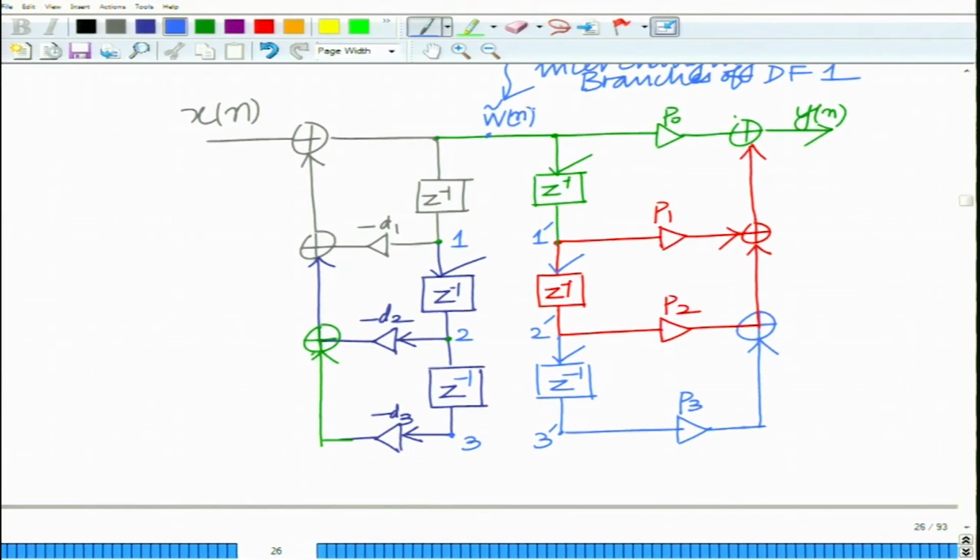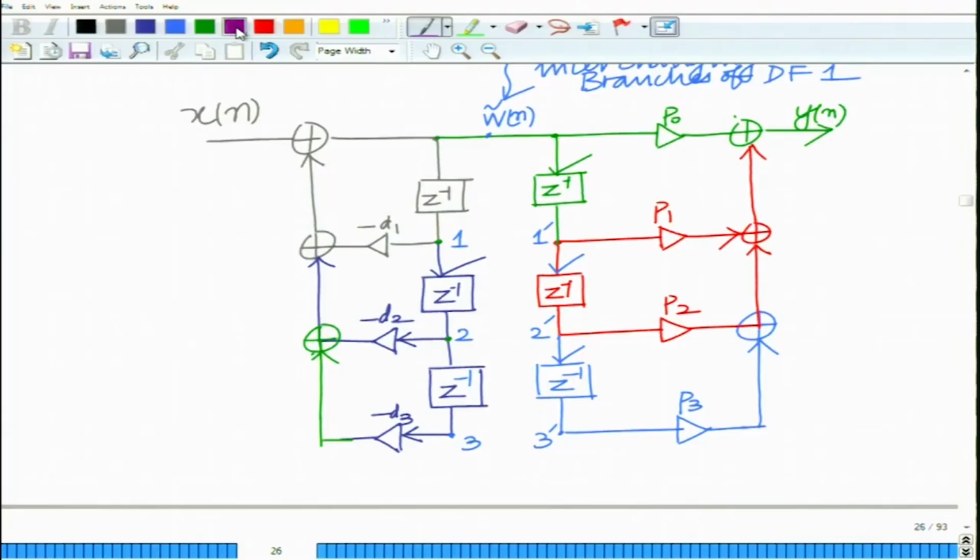So this will be W tilde n minus 1, W tilde n minus 2, W tilde n minus 3, alright. So basically what that means is I can fuse these two signal points, and the advantage of that is that it eliminates the duplication of these delays. So I can fuse, I can merge the delays, okay.